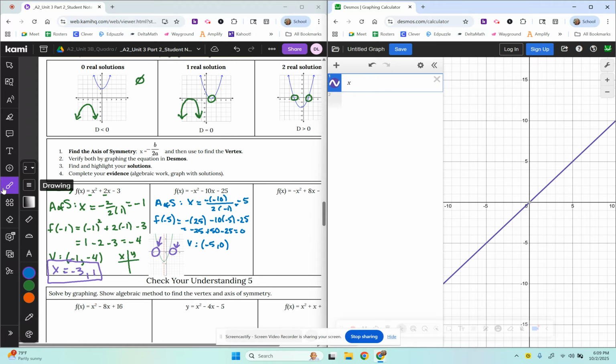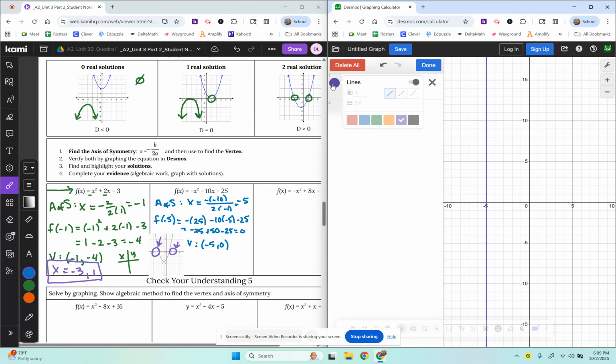So I have an axis of symmetry at x equals -5. And again, I'm just going to make that a dotted line. Then I have my vertex at -5, 0, and I'm going to label that with a V for my vertex.